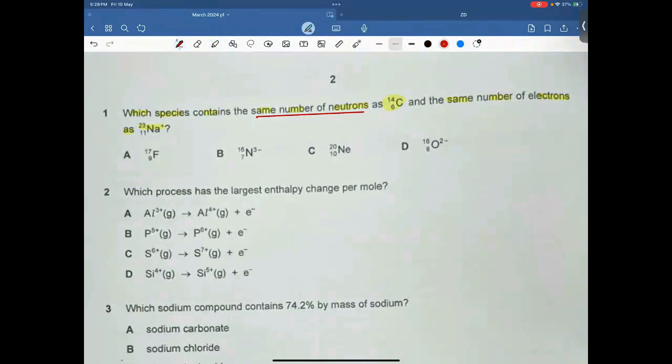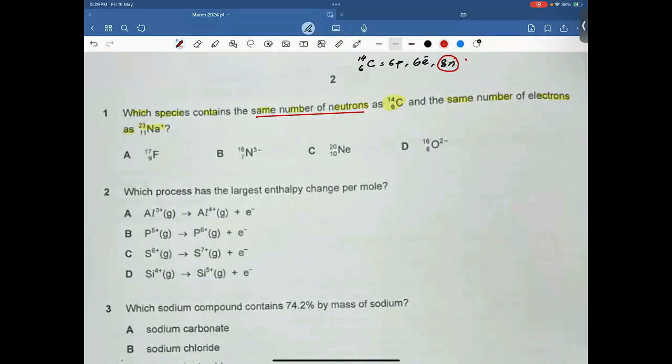Okay, now first of all, let me give you the composition of carbon-14. It has an atomic number of 6, which means it has 6 protons. So it has 6 electrons. 14 minus 6 becomes 8 neutrons. All right. So I'm looking for 8 neutrons.